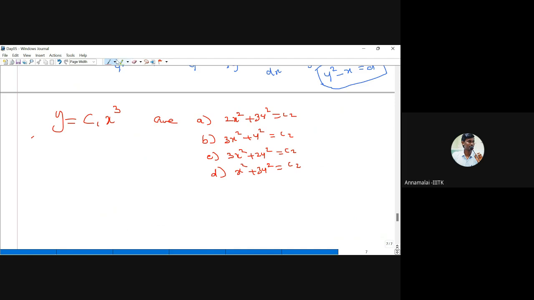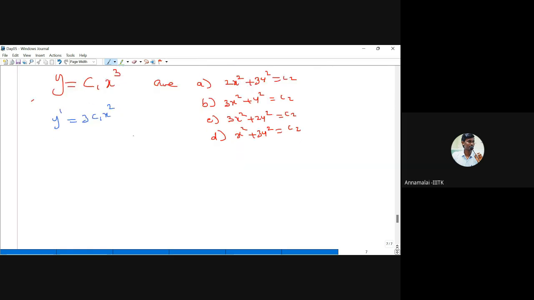So what we do, first we have to differentiate the given family with respect to x. Therefore, if we differentiate this, we get y dash, and differentiating the right side, we get 3 times c1 x square. Now, what we have to do? We have to cancel this c1.